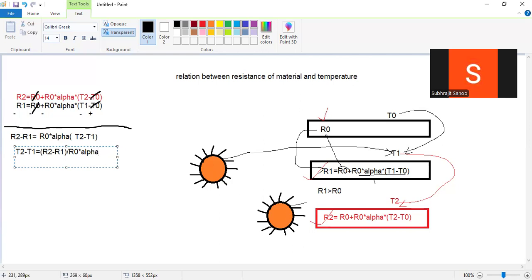Next step, if I simplify again, T2 equals how much?